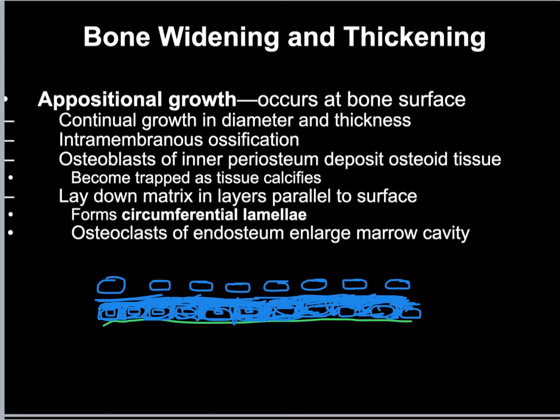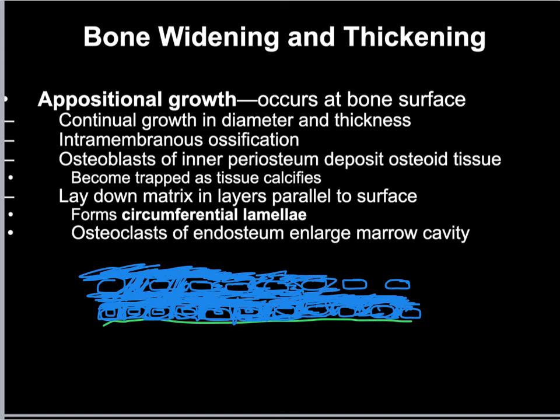They divide, and when they divide, the new cells become osteocytes, or osteoblasts, that then lay down more bone. And basically what you're doing is you're laying down circumferential lamellae, right? So each layer of osteoblasts is going to go into making up one of these lamellae.